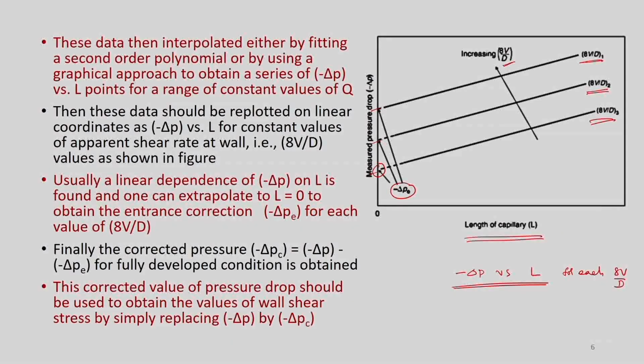Because of the non fully developed flow conditions existing at the entrance, the pressure drop is increasing. How much the pressure drop is increased is nothing but this minus delta P E.